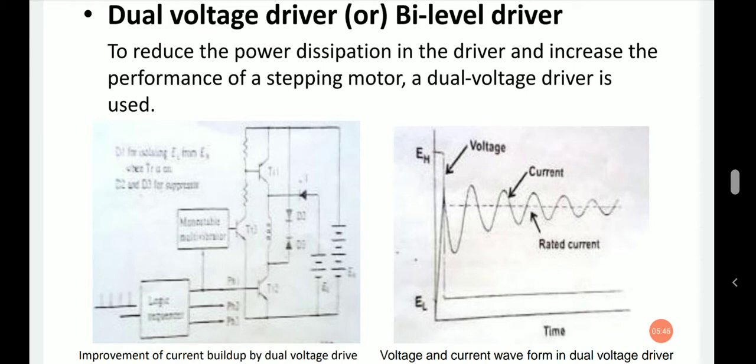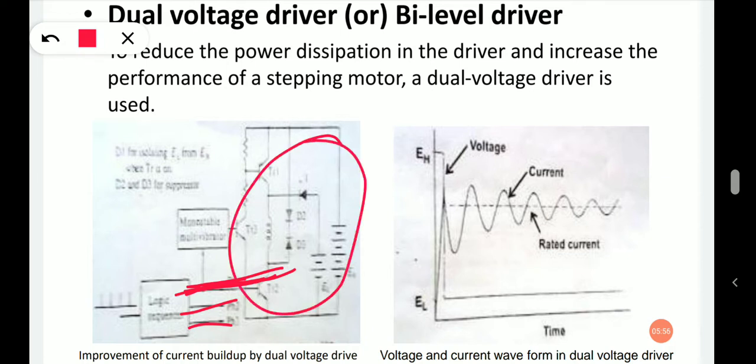Here you can see three outputs are there: phase 1, phase 2 and phase 3. But only for phase 1 the circuitry is given as a scheme. For one phase only is shown.